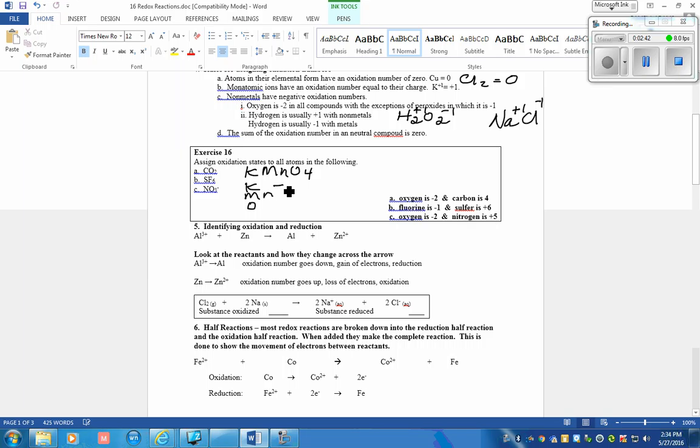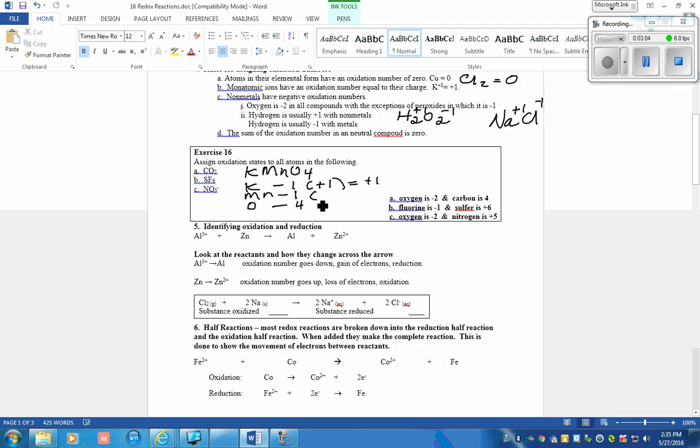We would count the atoms. There is 1 potassium, 1 manganese, and there are 4 oxygens. Then we would assign the oxidation numbers that we know for sure. This is an ionic compound, so the potassium is equal to its regular charge. That means 1 times +1 is a total +1 charge.